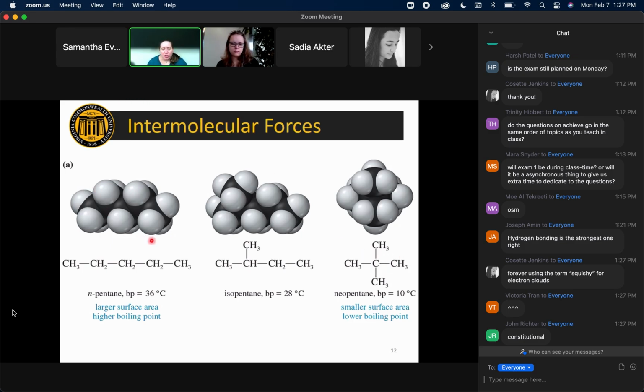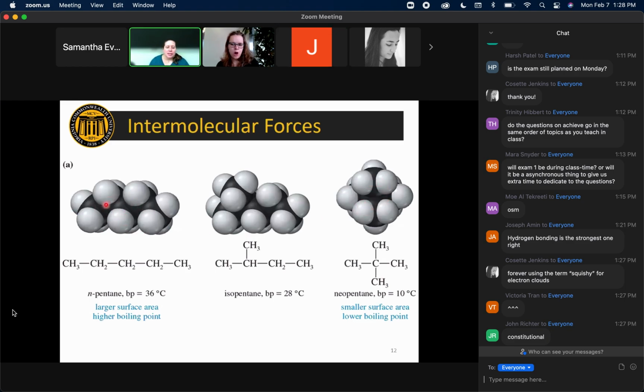With these constitutional isomers, which again all have 5 carbons, you can see the one on the left, the linear n-pentane, has those 5 carbons spread out. And the one all the way on the far right, which is a very branched version called neopentane, has those carbons packed real tight. So you can imagine that the electron clouds of the molecule combined together are bigger and more spread out in the linear pentane than they are in the condensed, branched neopentane.